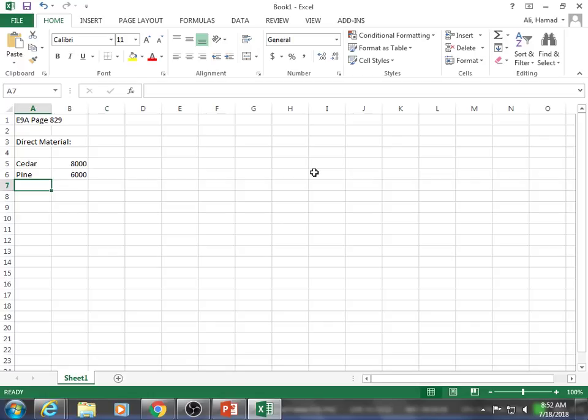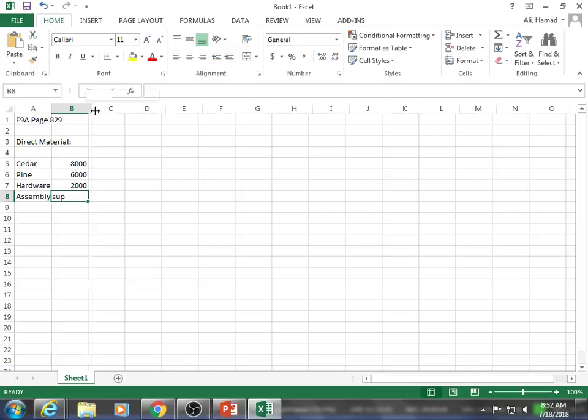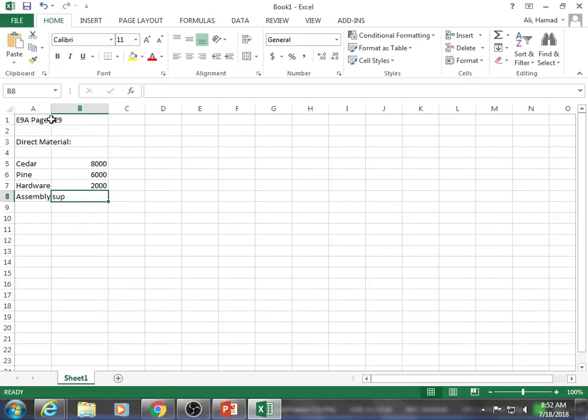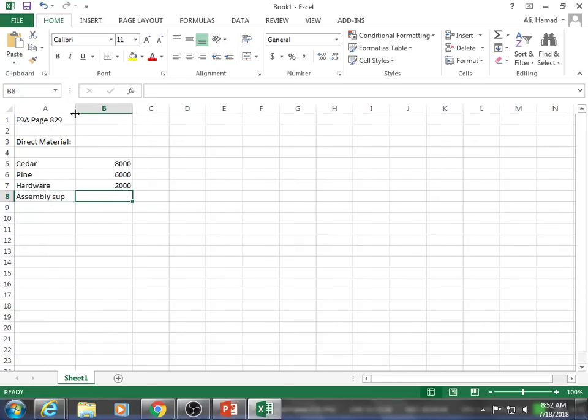They have hardware also. How much is the hardware? $2,000. What else do they have? Assembly supplies. How much are the assembly supplies? $1,000.